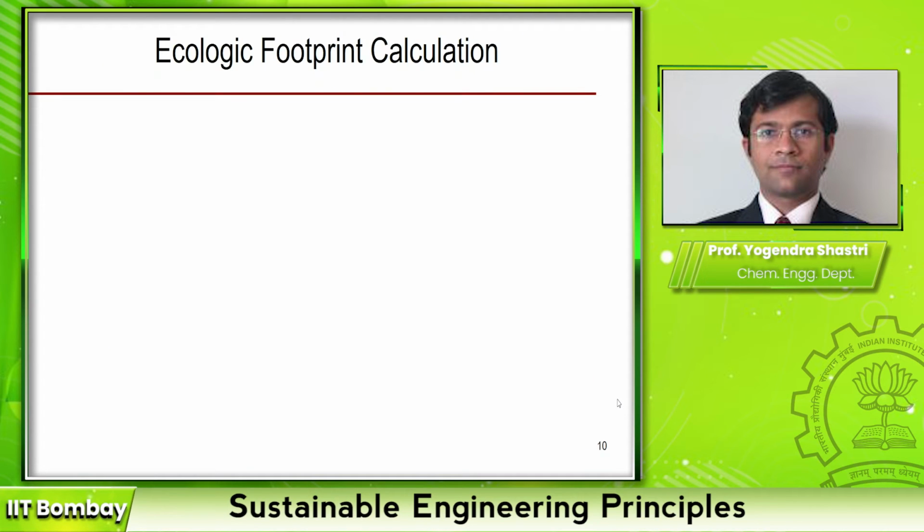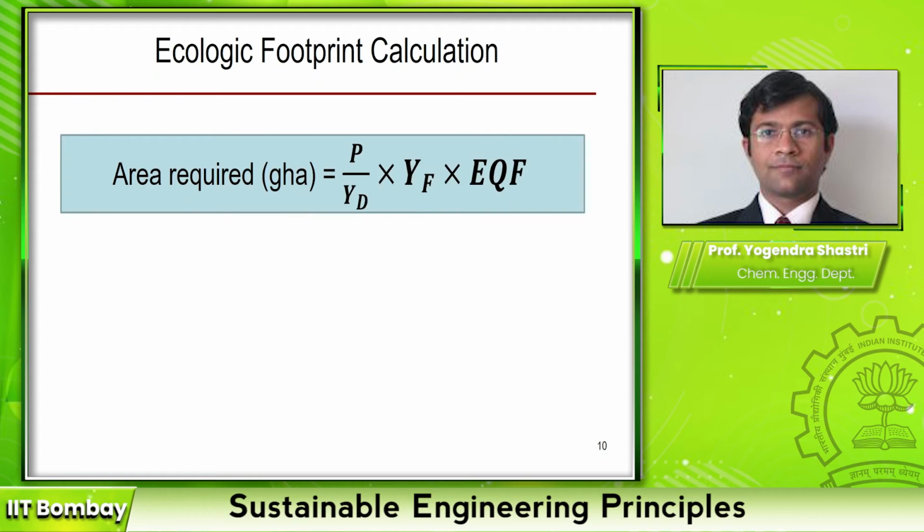So to summarize the calculations, this is the final equation for area required in global hectares. The first term here captures the total area that is needed at the local level. The second term, which is the yield factor, converts that area into a national or a global average number for a particular category of land, such as cropland, forest land and so on, based on the regional and the global average yield.